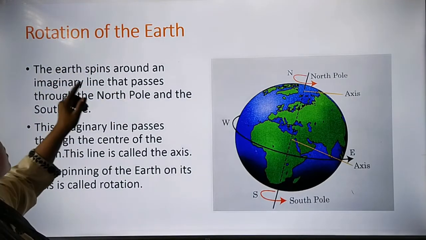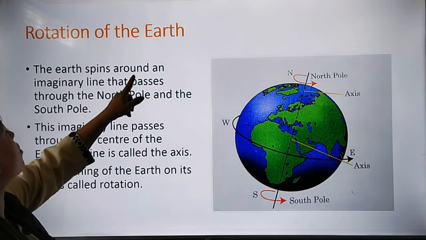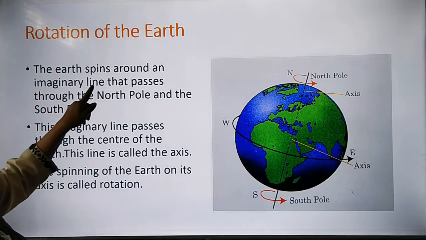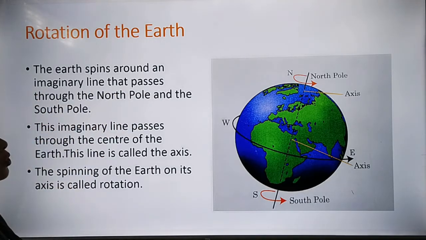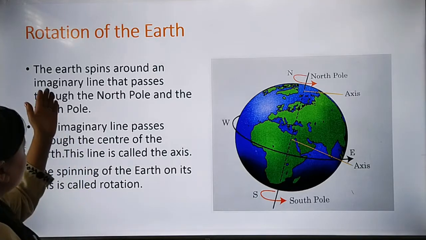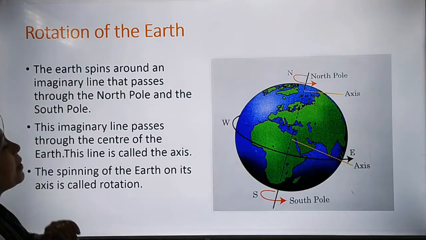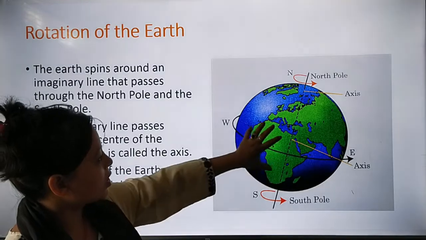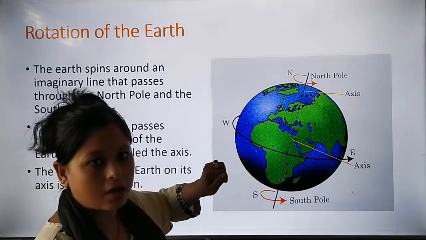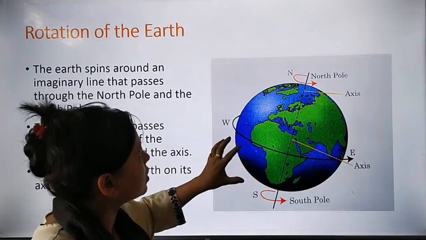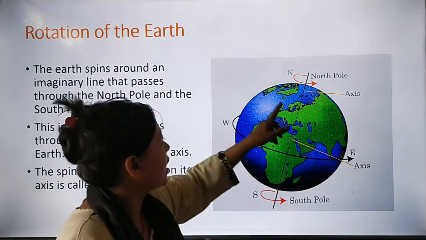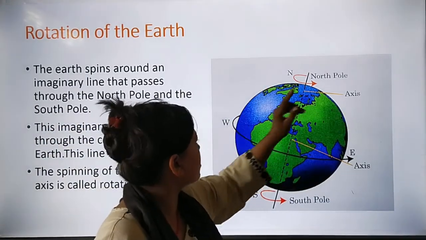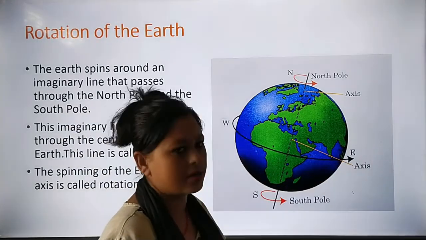Rotation of the earth. The earth spins around an imaginary line that passes through the North Pole and the South Pole. You can see the picture: this is our earth, and this is the North Pole, South Pole, axis, west and east.